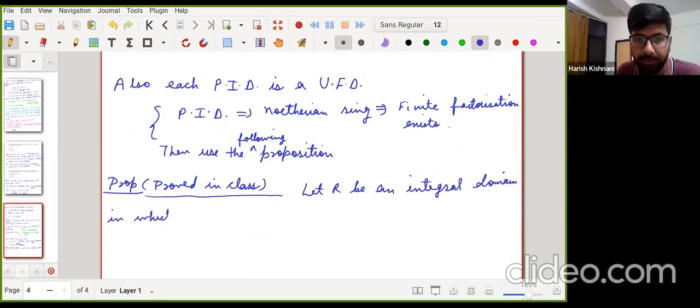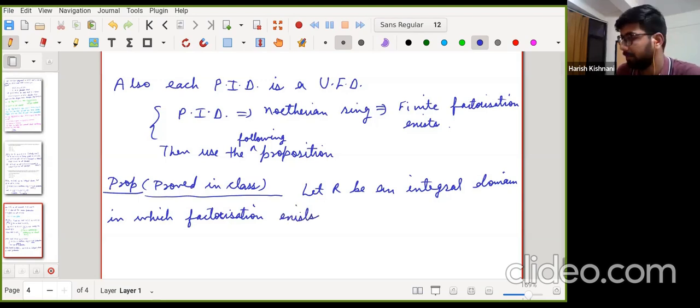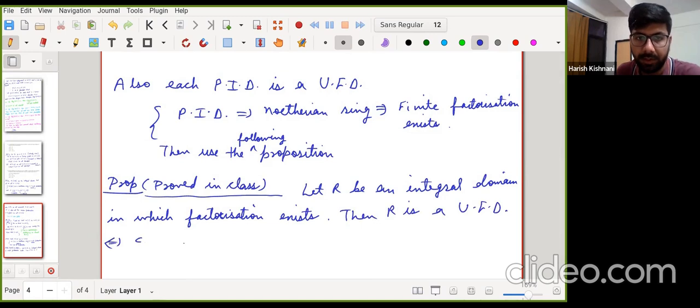As it's a PID, factorization exists, that is already guaranteed. Then R is a UFD if and only if every irreducible element is a prime element.